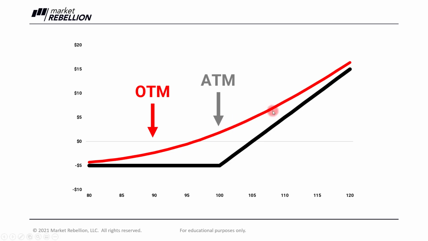At the other extreme, we might find this $100 call useful if we have the stock way up here at 115. This would be an in-the-money option, fairly deep in the money, but it's behaving about like stock. And there might be a very good reason why we want this option to behave more like stock as opposed to a lottery ticket. But they can all have certain uses at certain times.